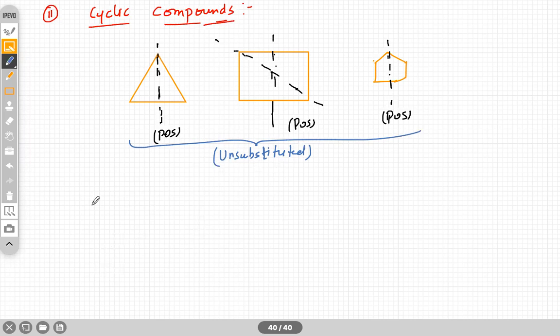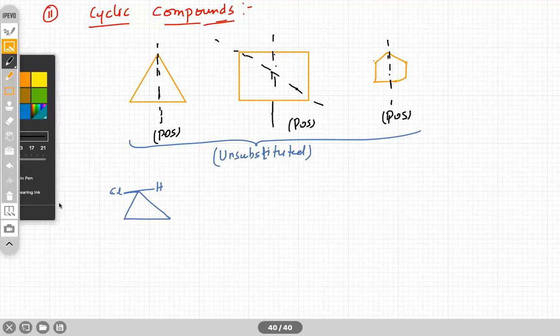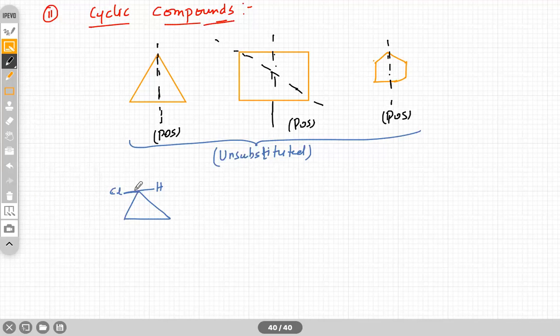But if you have a substituted one, for example, if you have this cyclopropane and we have chlorine here and H here present, unsubstituted compound is this one and substituted is this. So again, you see, you can consider a plane which passes through the substituted atom. Obviously, this one is not a plane of symmetry, chlorine, hydrogen.